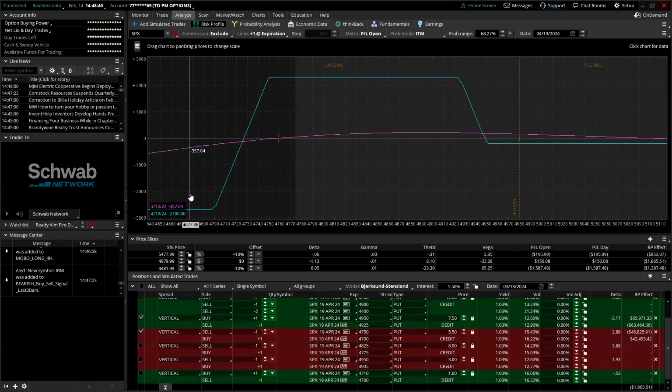One contract, how many contracts you're going to do, and you use your stop loss number to dictate how many contracts you can do. And from there, you follow the plan. You know where your target is, you know what your stop loss is. And if either one of those numbers are hit, you have to get out.